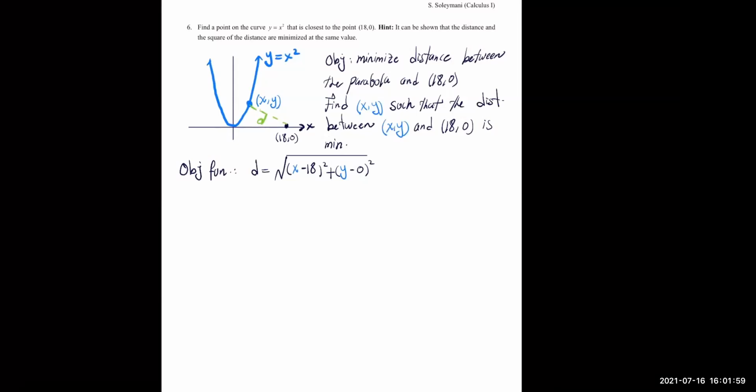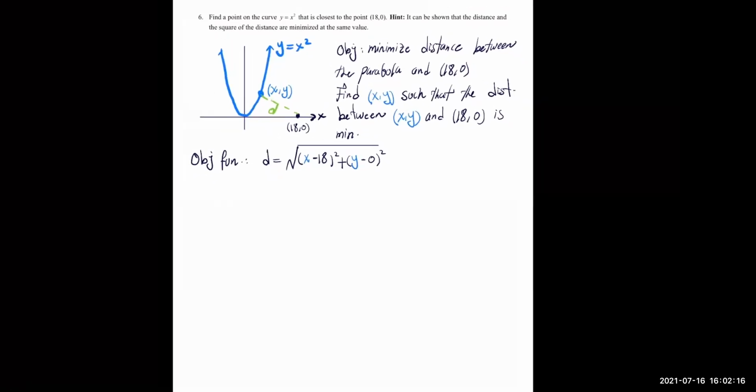And the thing is that, again, this function is now a function of both x and y. This is d of (x, y). It's a function of two variables. We don't like that. We want to eliminate a variable. So we have to use the constraint of this problem. The constraint is always on your variables, on your unknowns.